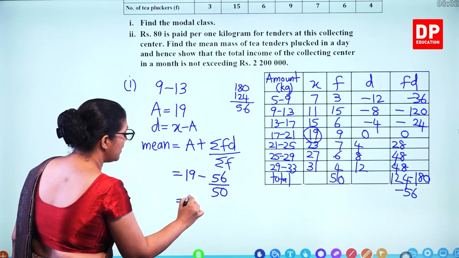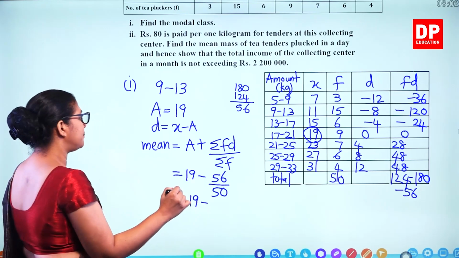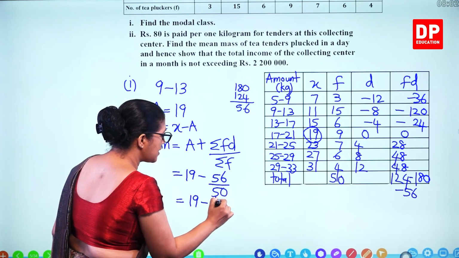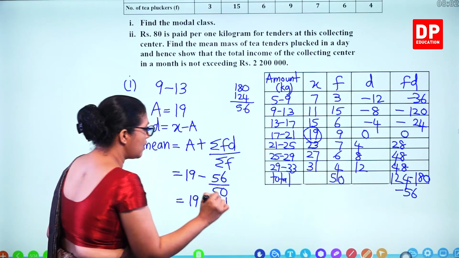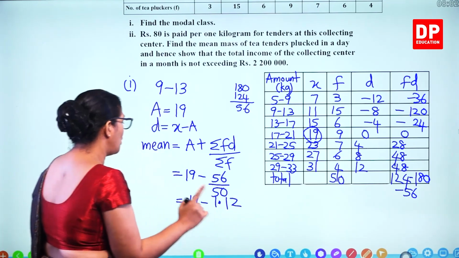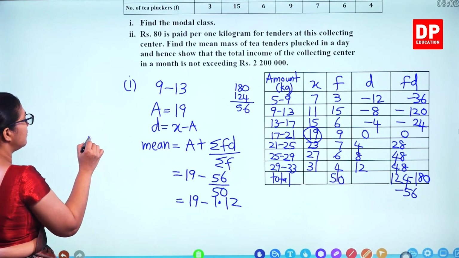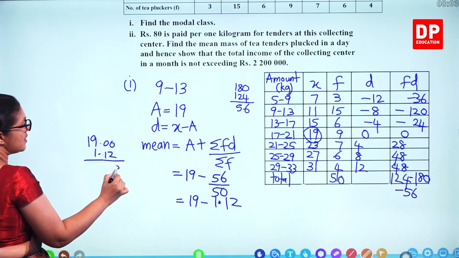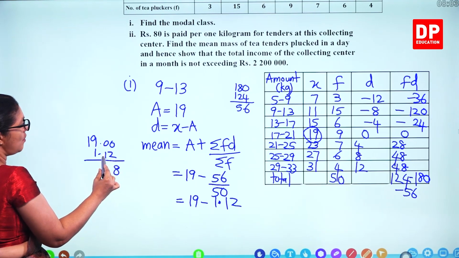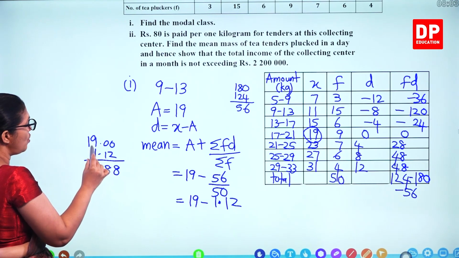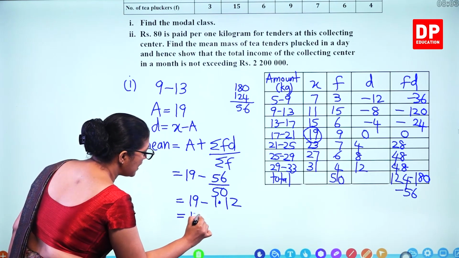So what's the value here? 19 minus 1.12. So what's the answer? 17.88.